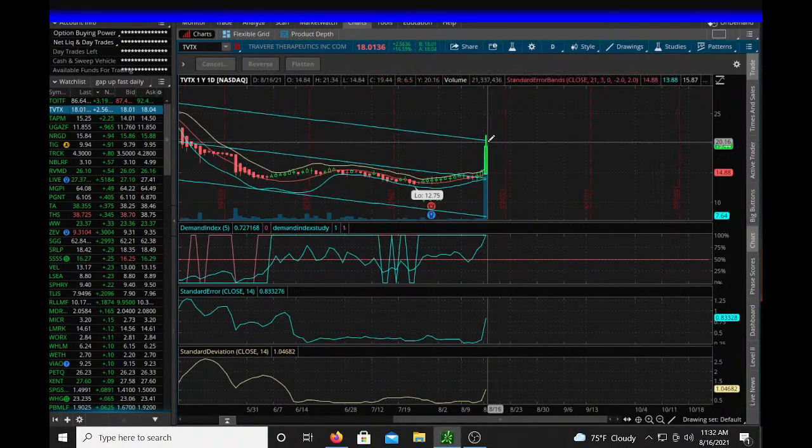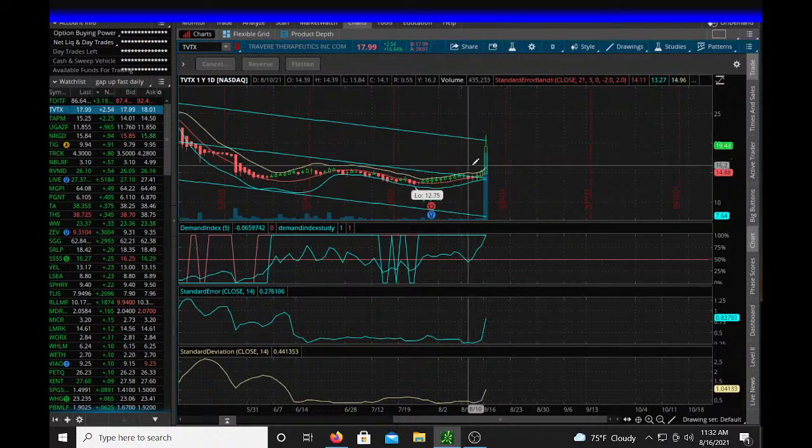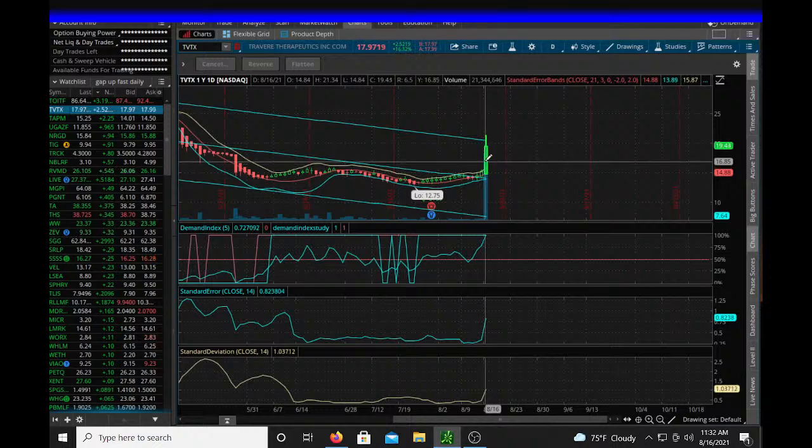All right. So do we trust this? I mean, the volume's big compared to what it was. And this big giant volume here, 21 millions. Who's buying all this up? This Travere Therapeutics, TVTX. And let's see.